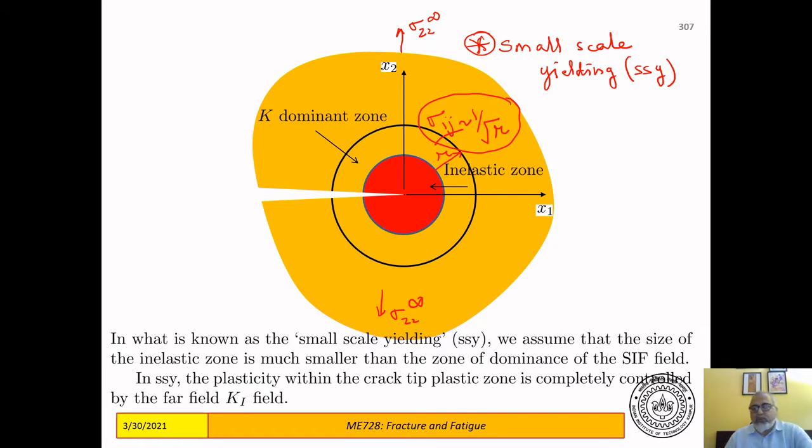And in what we are going to discuss in the next few slides, at least in this week, we'll assume that this situation, the small scale yielding situation, is valid for our material. The zone of K dominance is much larger than the zone of inelasticity that must occur at the tip of a crack. We will proceed with the understanding that in whatever we are going to say from now on, the small scale yielding assumption is always valid.